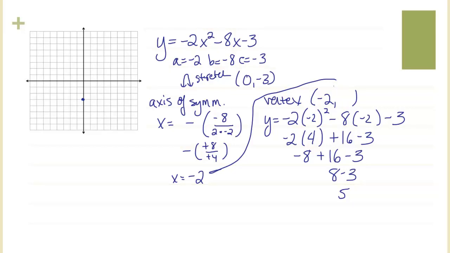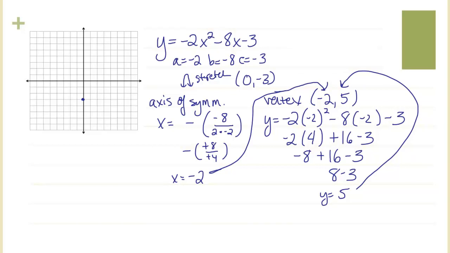My other arrow there wasn't very good, was it? It went there, and this one goes here, because that was our y equals. Okay, so there's our vertex. So negative 2, 5 is way up here.